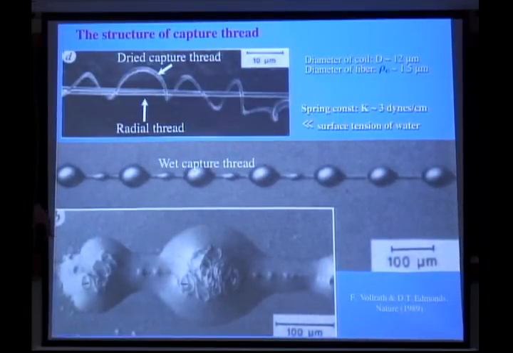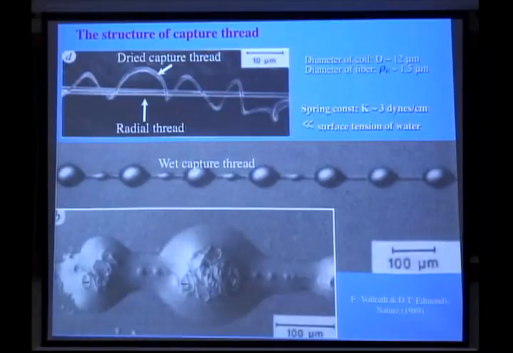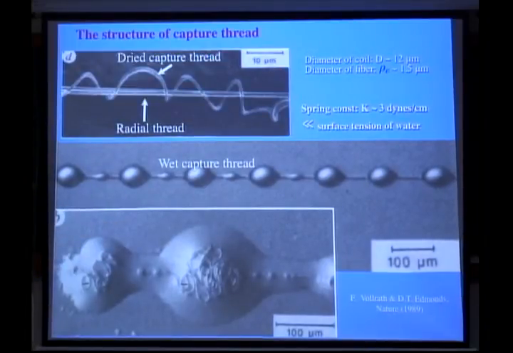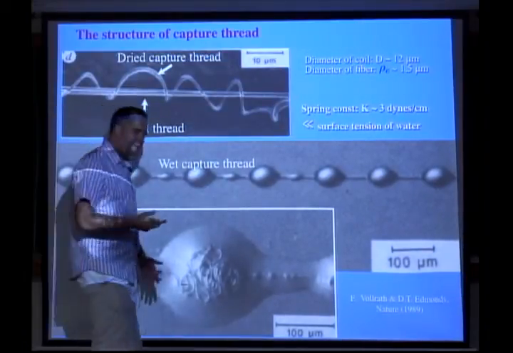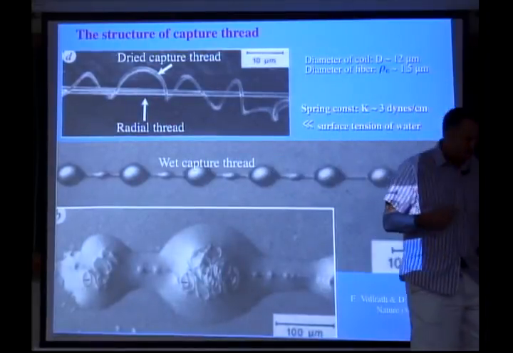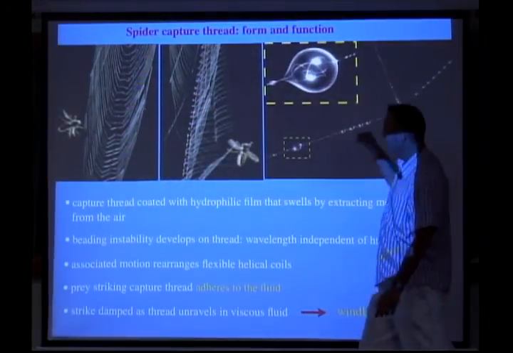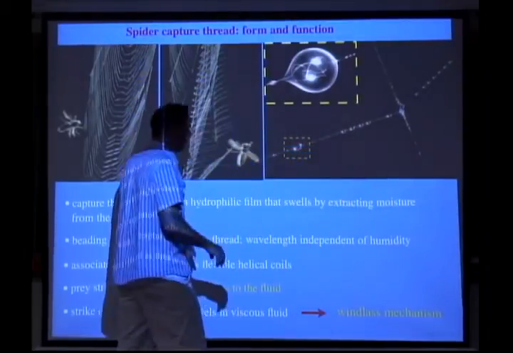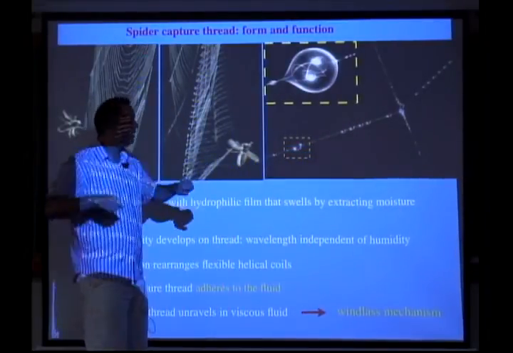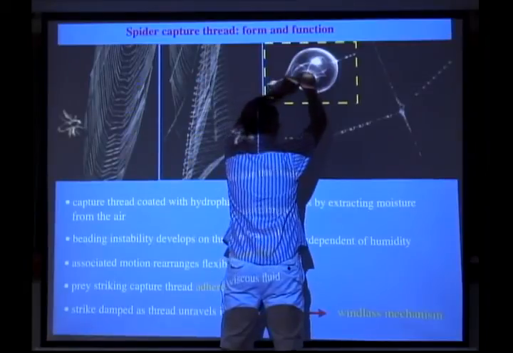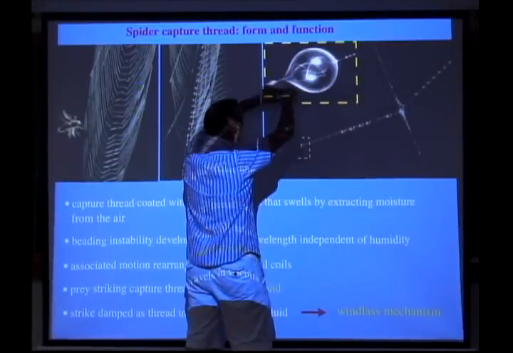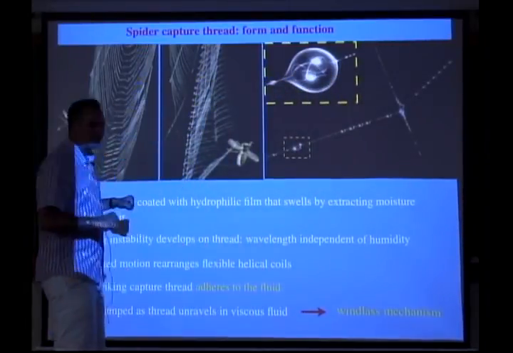The reason for this is that when prey hits, it's wet so it sticks, right? Second of all, it damps the impact. As this thing flies in and hits one of these capture threads, the thing stretches, right? And there's a lot of dissipation because you're basically uncoiling this elastic thread within a viscous fluid.